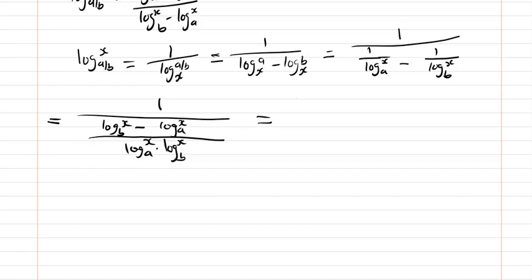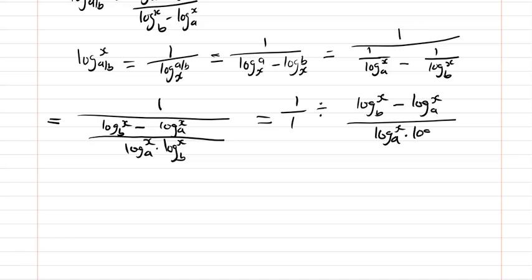So here will be equal. Here we can rewrite it to understand very well: 1 divided by log x to base b minus log x to base a, over log x to base a times log x to base b.